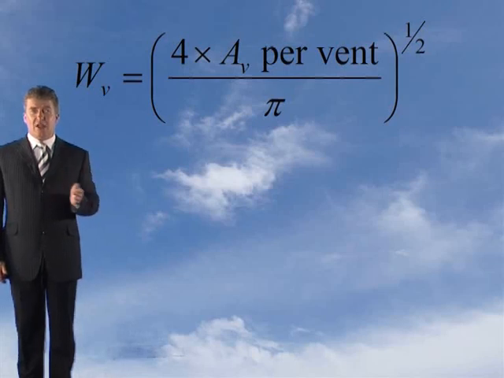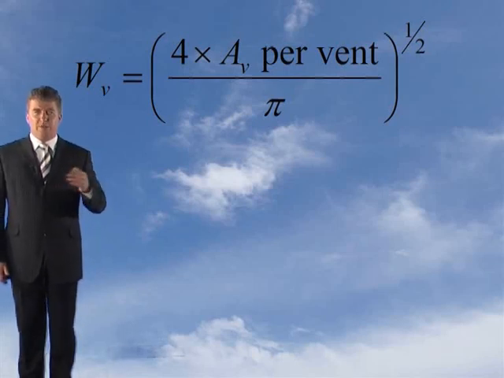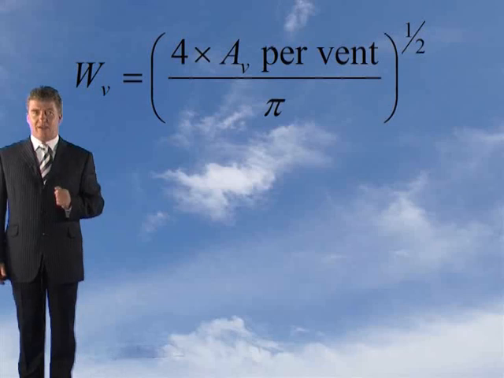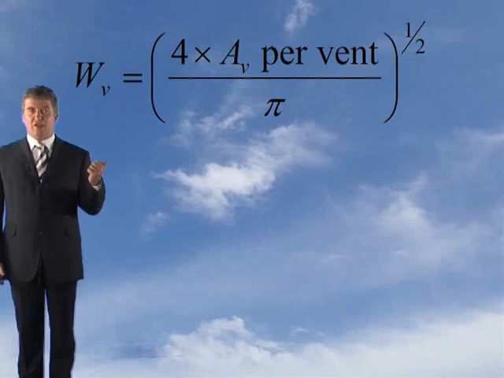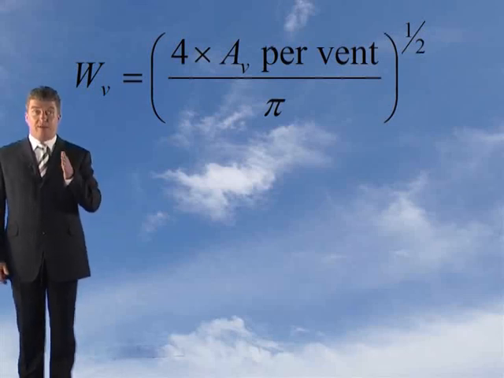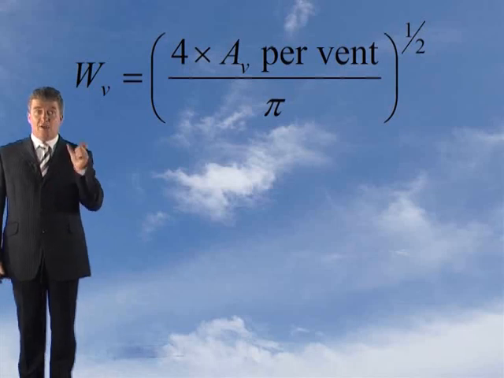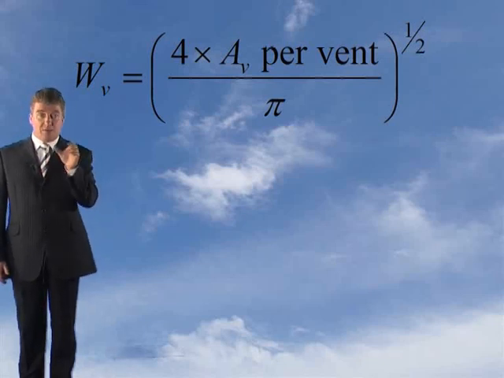Now, we did determine earlier that we needed approximately 21 square metres of geometric area. If we divide this by the number of ventilators, it gives us 3.5, doesn't it? So we need 3.5 square metres, that's the geometric area of each ventilator. We've converted it with a 0.6.